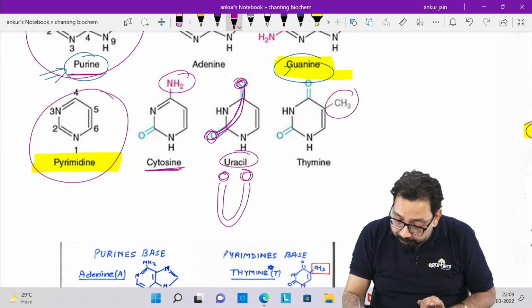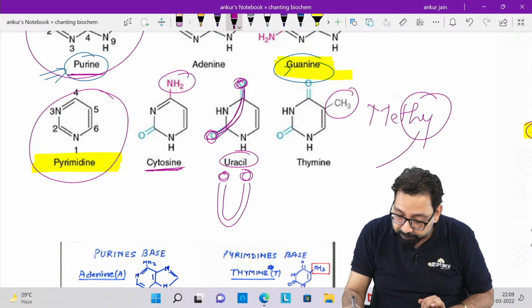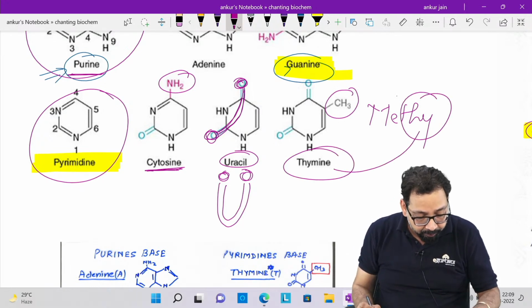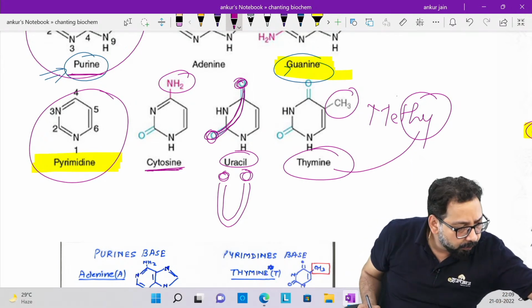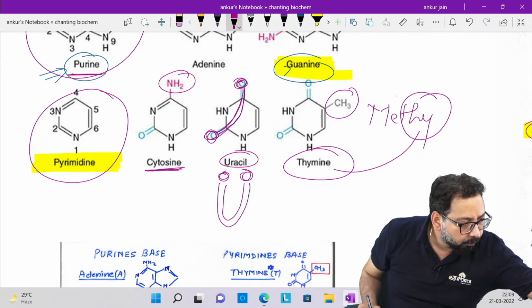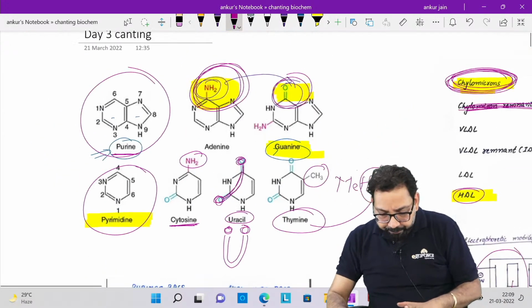If a methyl group is there, methyl, thymine, methyl is thymine.